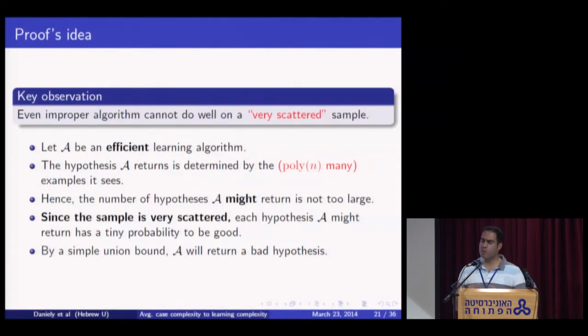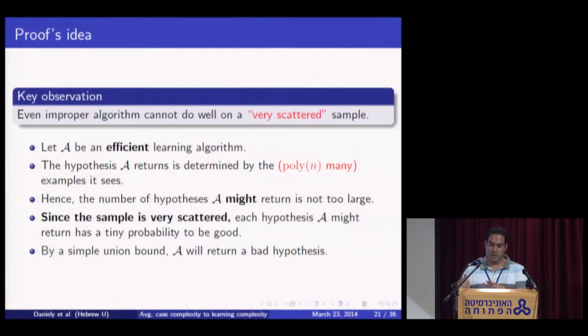So the point is to prove the key observation that even an improper algorithm cannot perform well on a very random or very scattered sample, and after we show this observation, we can simply use the argument we showed in the beginning. So the point is that if A is an efficient learning algorithm, it uses only polynomially many examples.